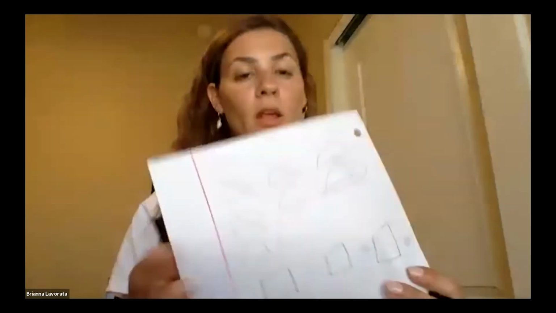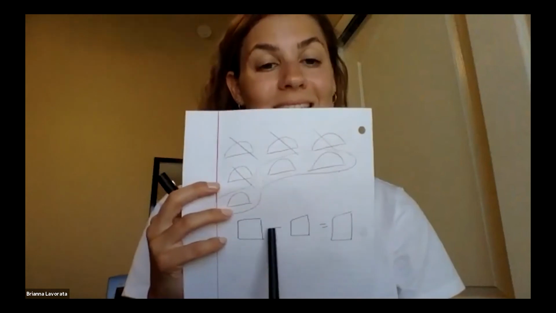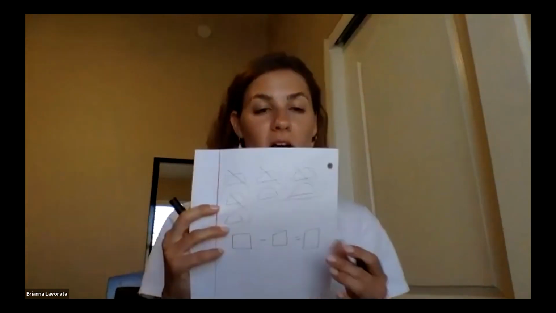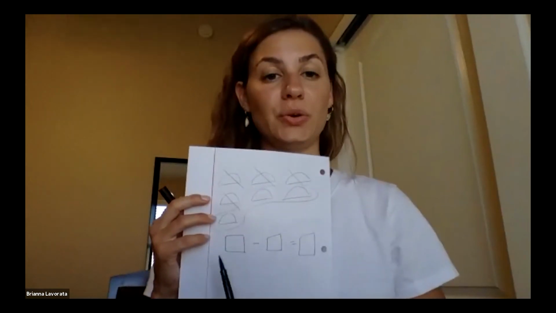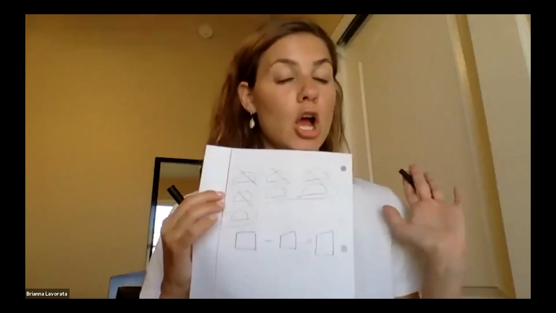Okay, so a number sentence is going to have a number here minus a number here equaling a number here. Okay, so I'm going to give you the next 30 seconds to think of your number sentence if you're up for a challenge. If not, no worries.